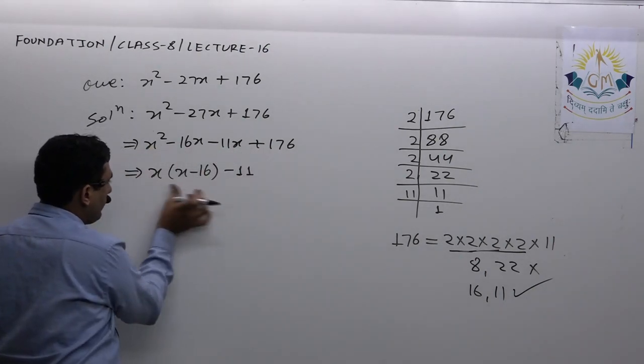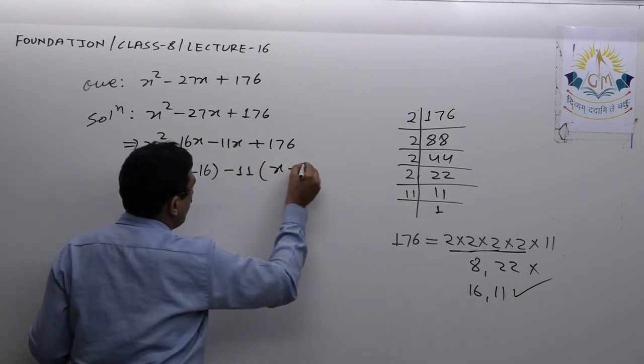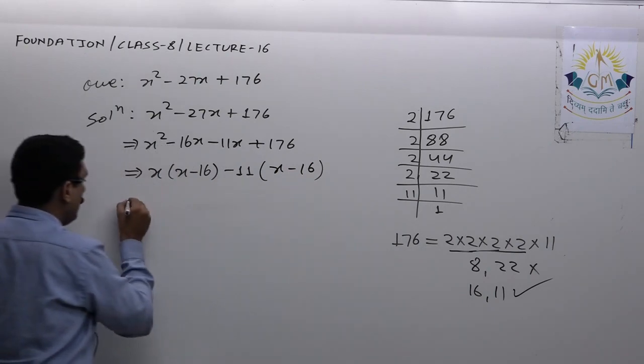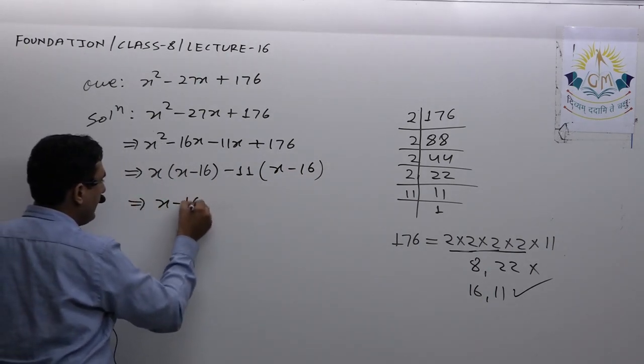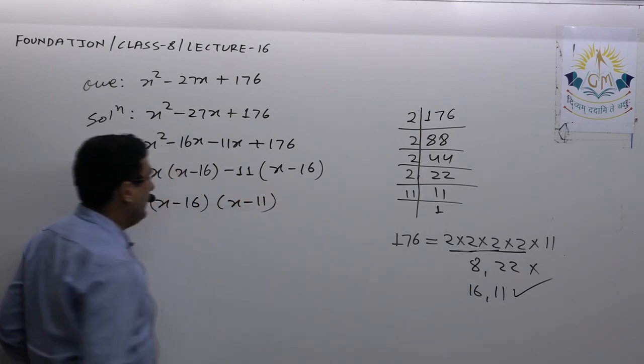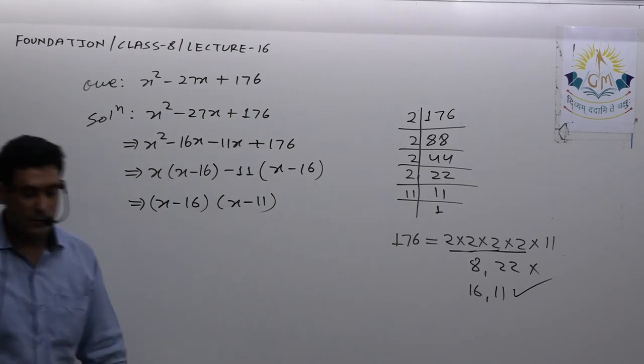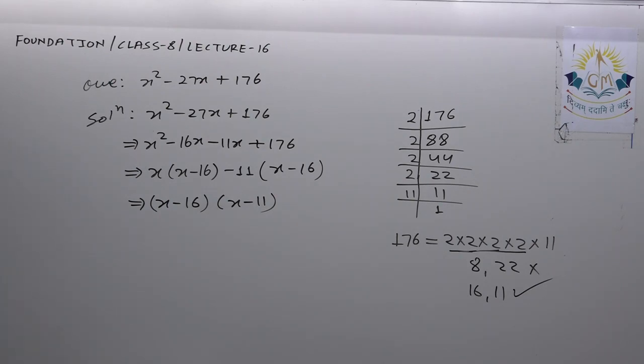So here I took x common, x minus 16. Here I can take 11 common, so definitely I will get x minus 16. So ultimately it is x minus 16 and x minus 11. These are the final factors. Please note it down, then we'll see the next question.